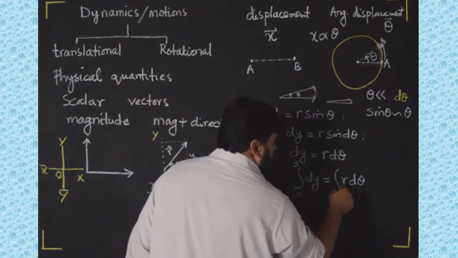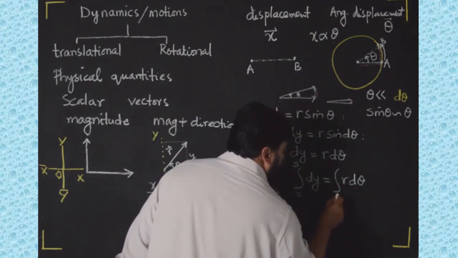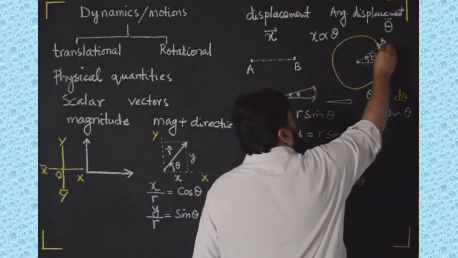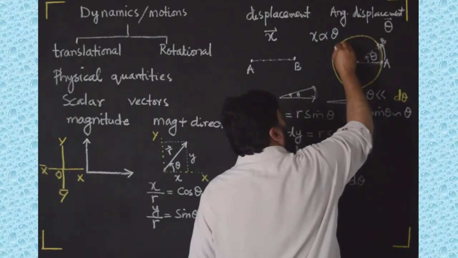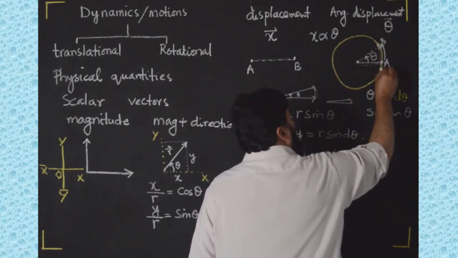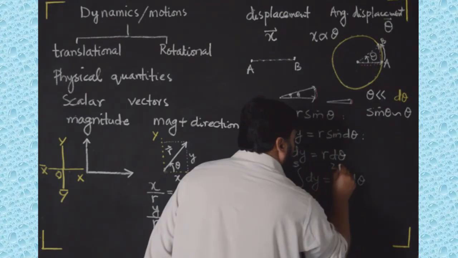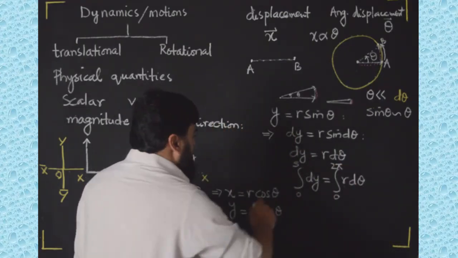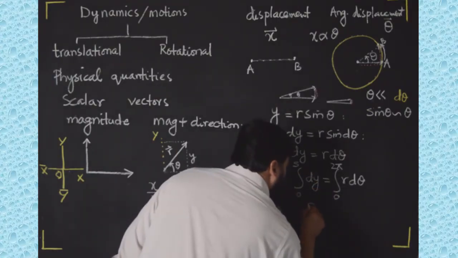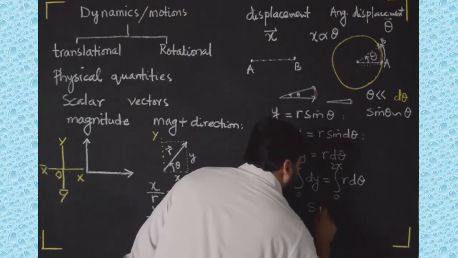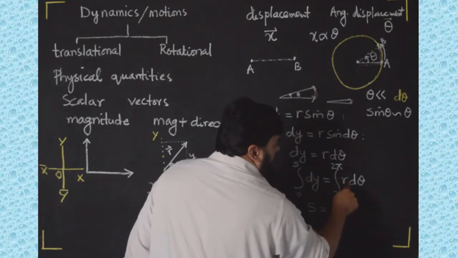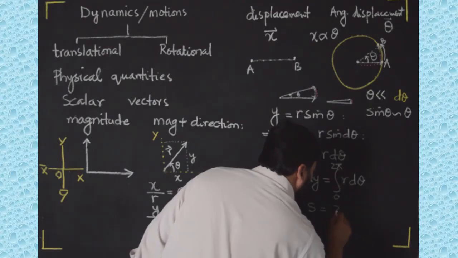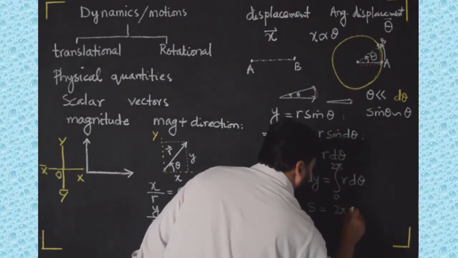Here r is constant and d theta will be running from 0 to, because this will be d theta, d theta, d theta and so on, and if I add up all the d thetas, then for a complete circular motion this will go up to 2 pi. So this will become y, s, and r times 2 pi r.